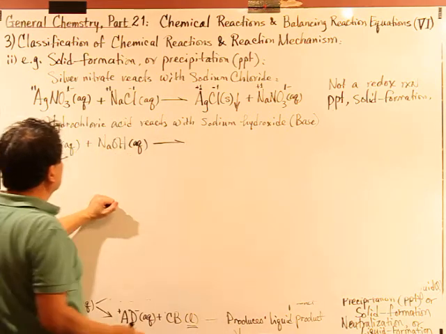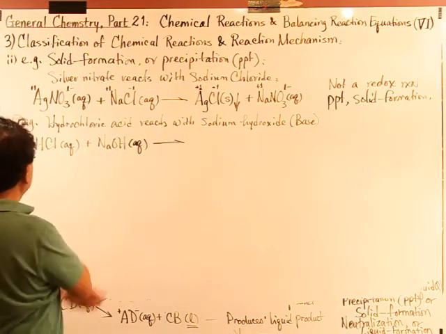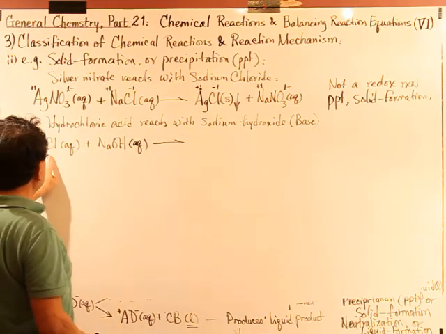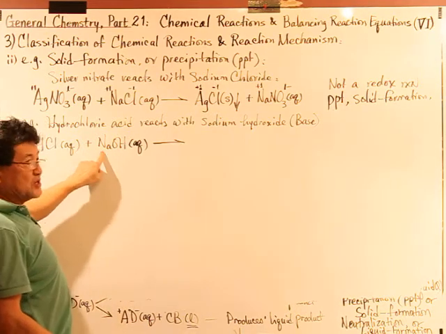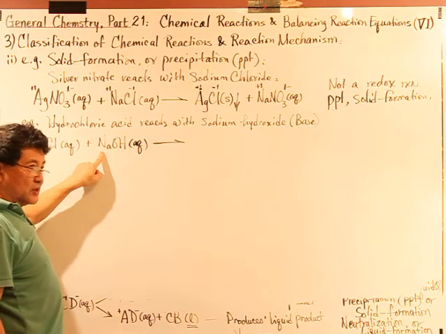So if you exchange partners, the Cl, the anion, is going to combine with the cation of sodium.